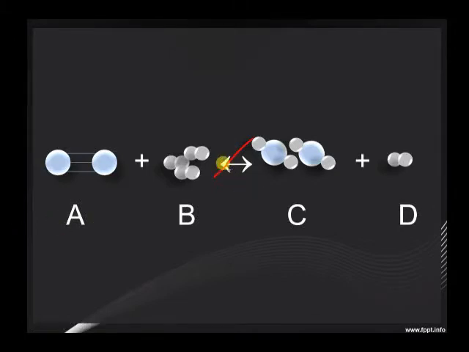Let's change the concentration of one of the reactants, molecule A. Let's add more molecules of A. Now that there's a higher concentration of A, the likeliness of molecules A colliding with B, reacting with B, is higher than the reverse reaction's likeliness of C and D colliding, which makes the forward reaction rate, all of a sudden, greater than the reverse reaction rate. They're no longer equal, so they're no longer at equilibrium.